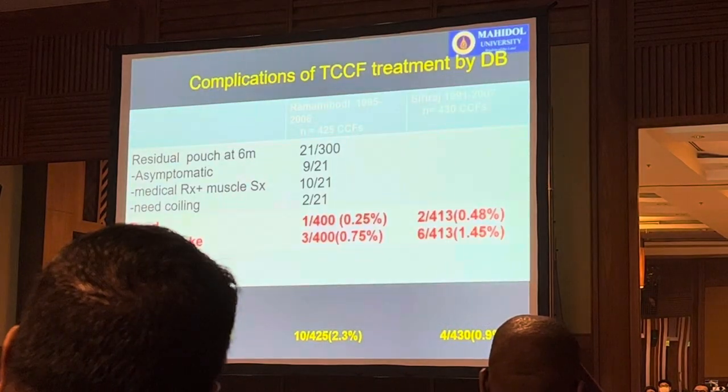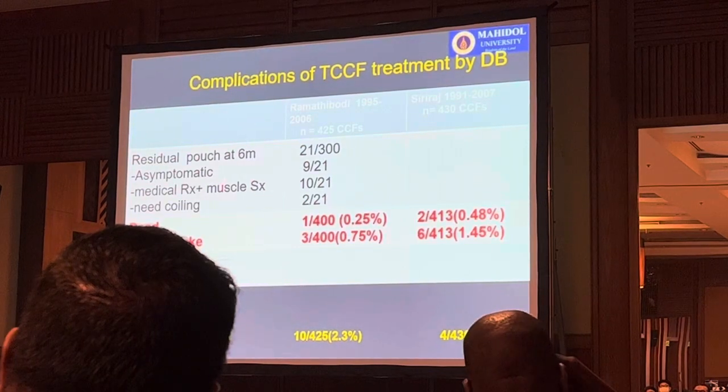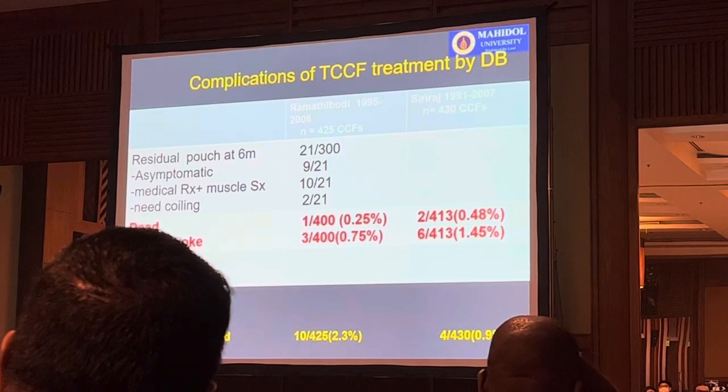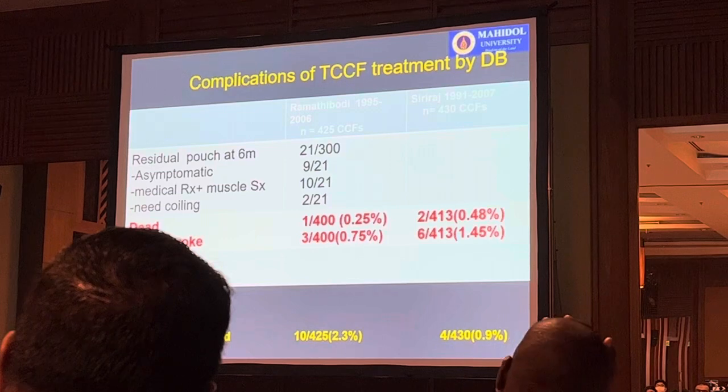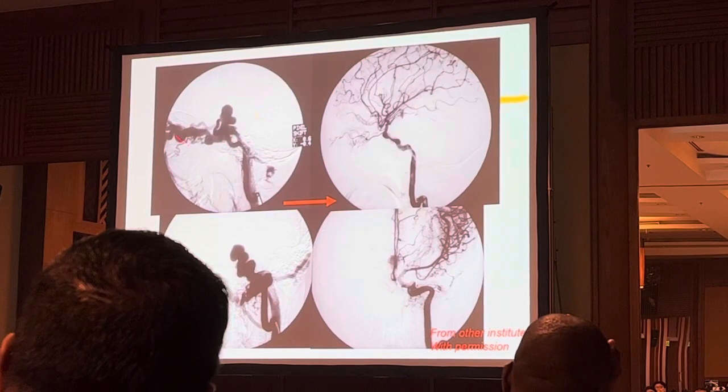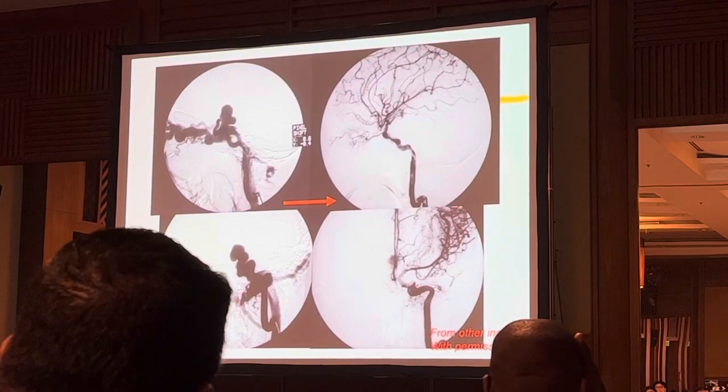So I'm saying that with this residual pouch, it mostly does not need any further treatment, and the complications we borrowed from another institute: you have an ugly looking one, high up above the dura, and don't put anything in the sac.